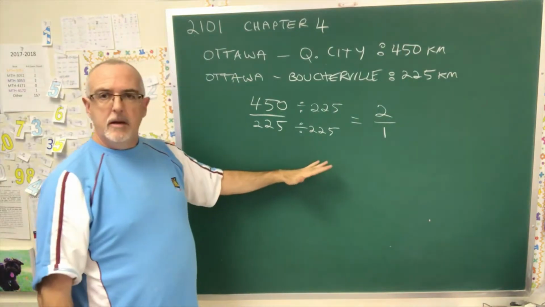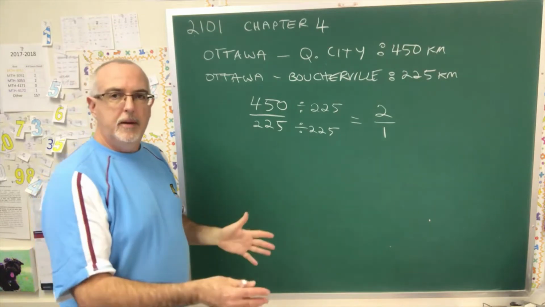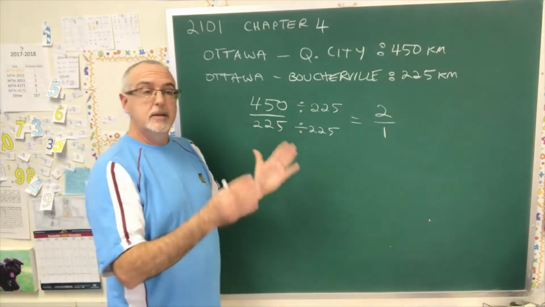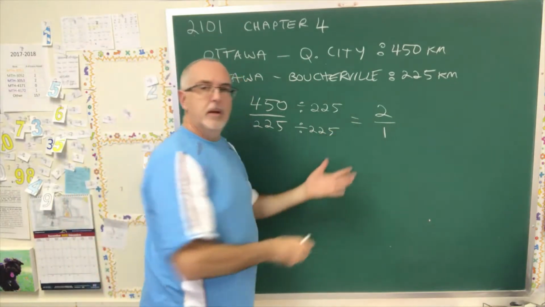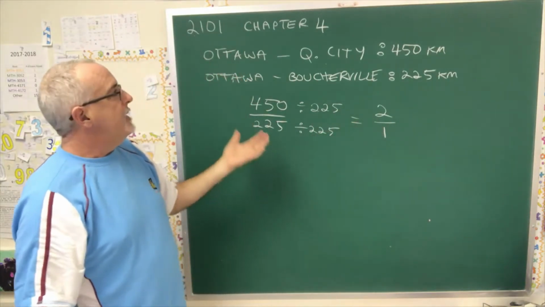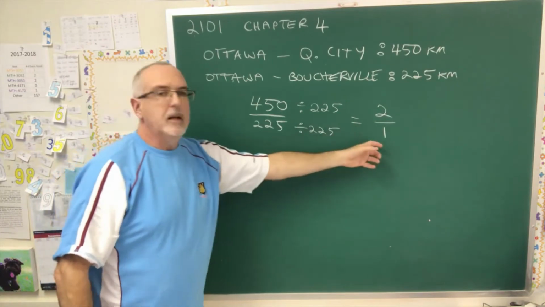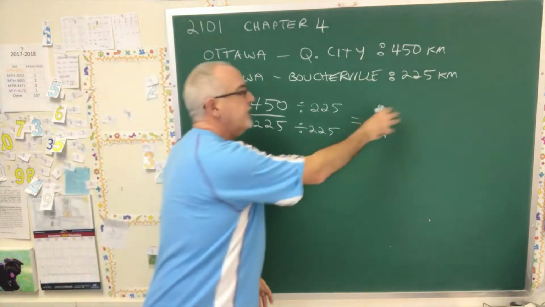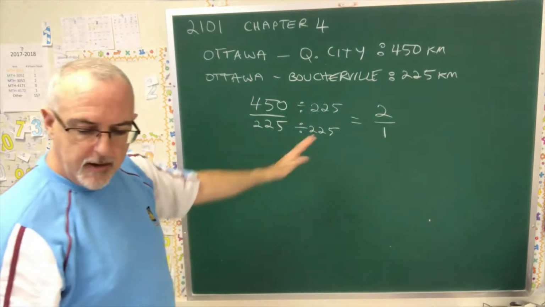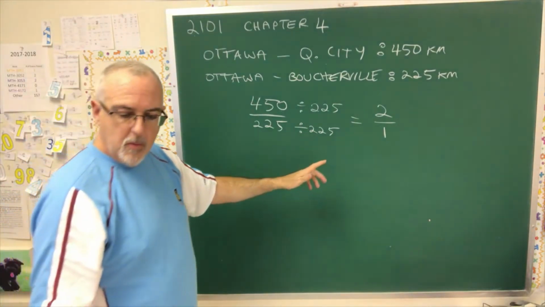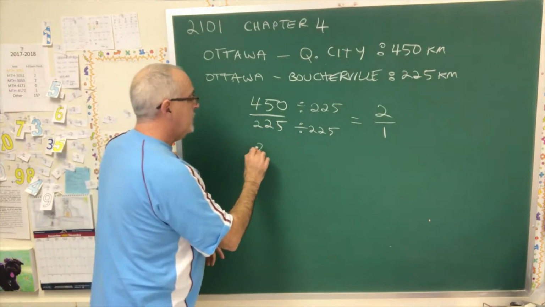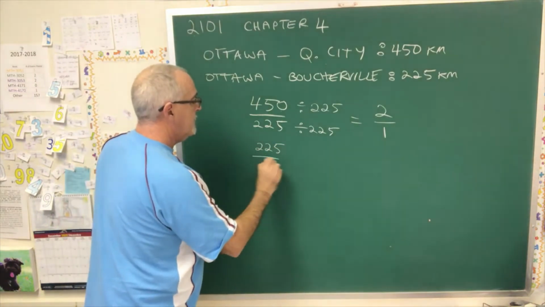Now that was convenient, so I went on the map and I chose cities where the distances apart would give me a nice clean ratio, because this is an introductory discussion and I want it to be clear. I don't want to confuse things with weird decimals. So we have a 2-to-1 ratio. One of the things we can do is put this together upside down.